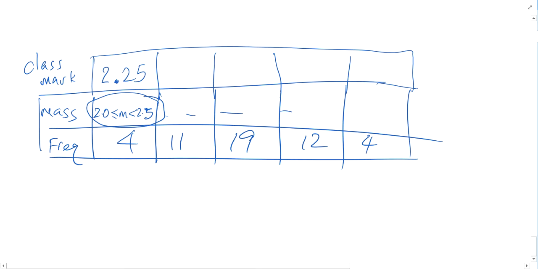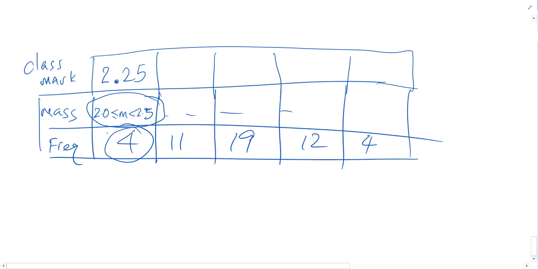There are four babies with a mass between 2 to 2.5. But are all four babies having the same masses? We don't know. Could be all the same, could be all different, but we do know that they are between 2 to 2.5. So we are looking for the class mark, which is the center value, kind of like the median, but not exactly. So the center value of 2 and 2.5 is 2.25.